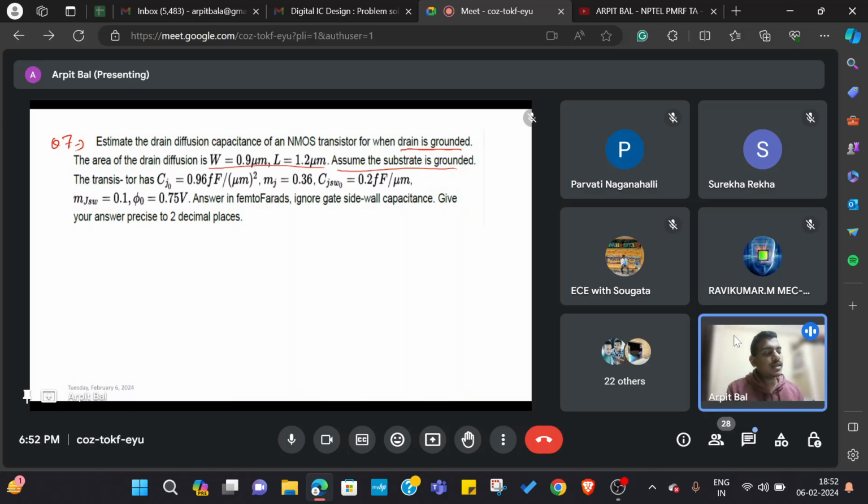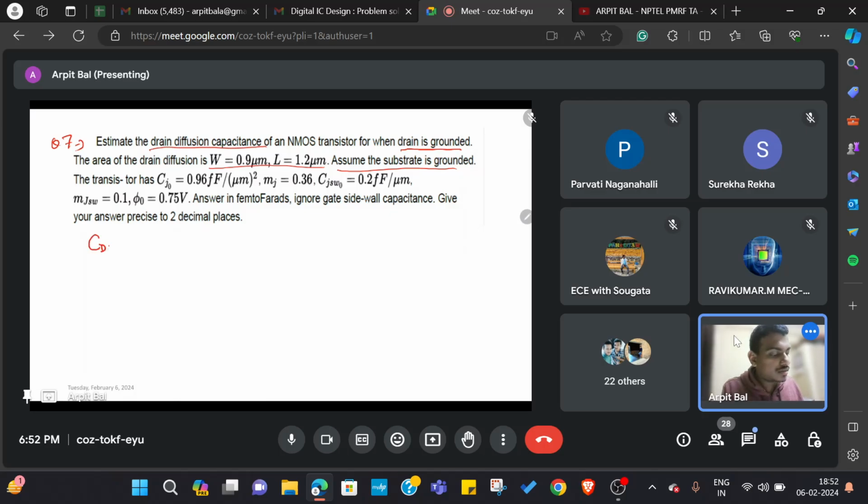The transistor has Cj naught equals 0.96 femtofarad per micrometer square, Mj equals 0.36, Cjsw naught equals 0.2 femtofarad, Mjsw equals 0.1, phi naught equals 0.75. We have to figure out the drain diffusion capacitance.